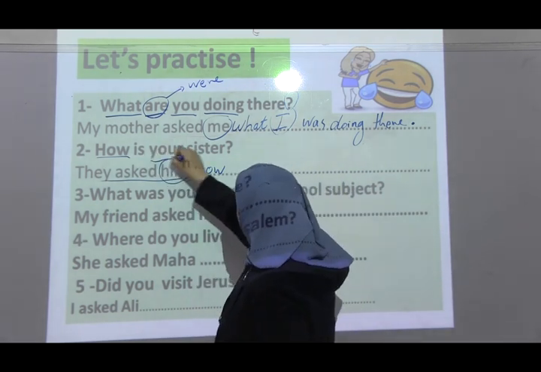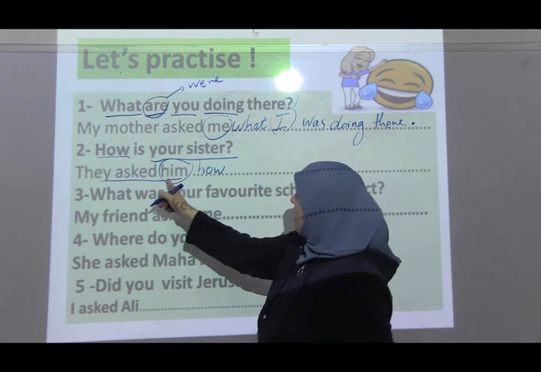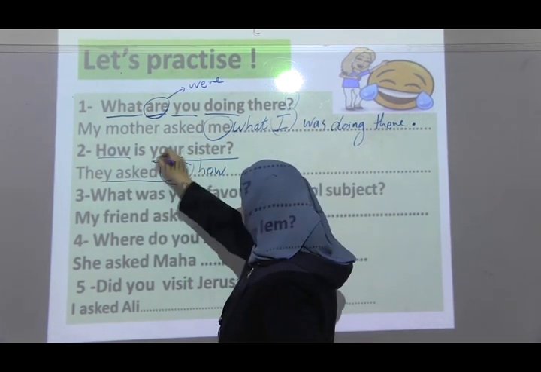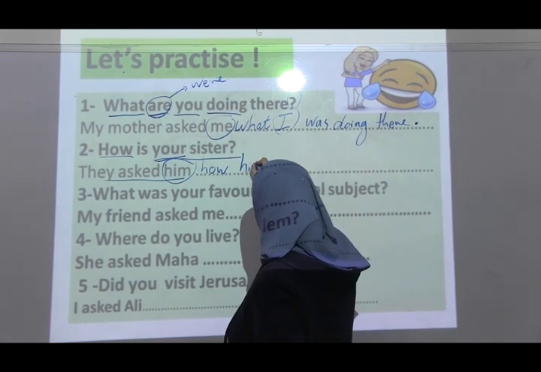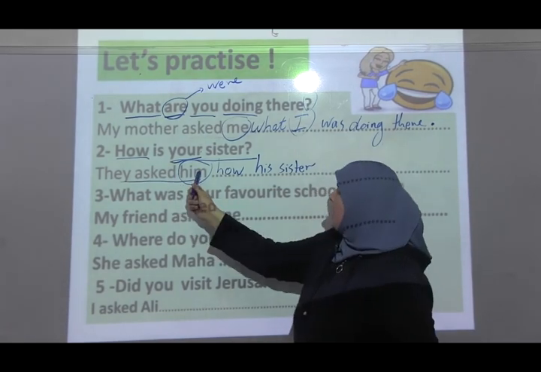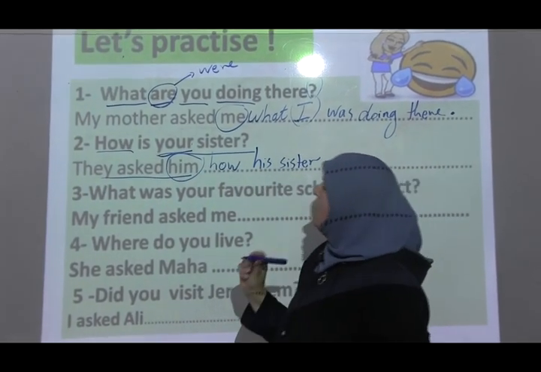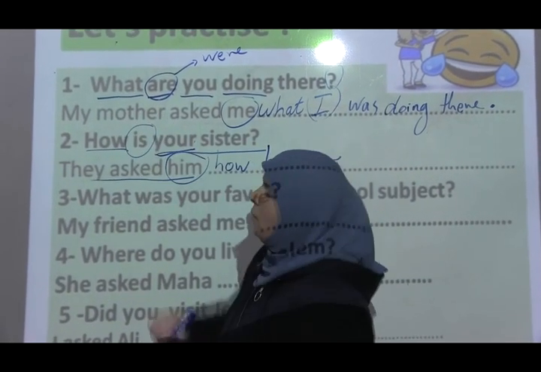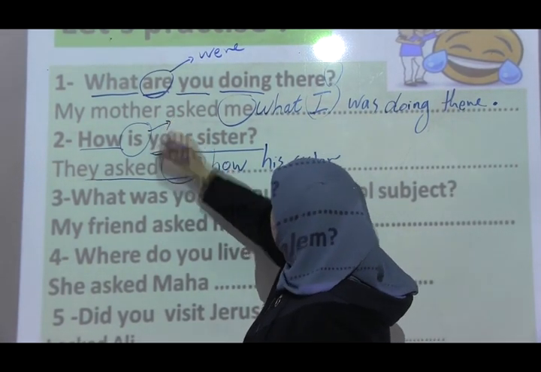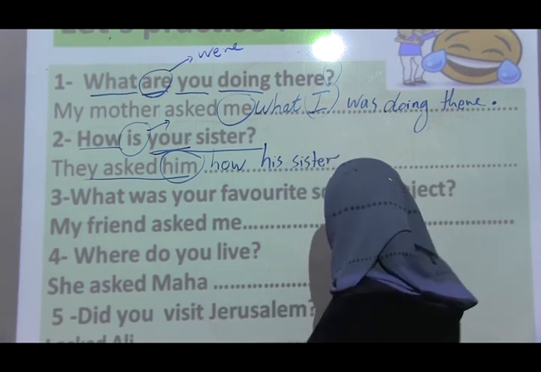The subject is your sister. But here again, they asked him, so I change your sister into his sister. They asked him how his sister. Look at the verb. The verb is is. I change from is into was.